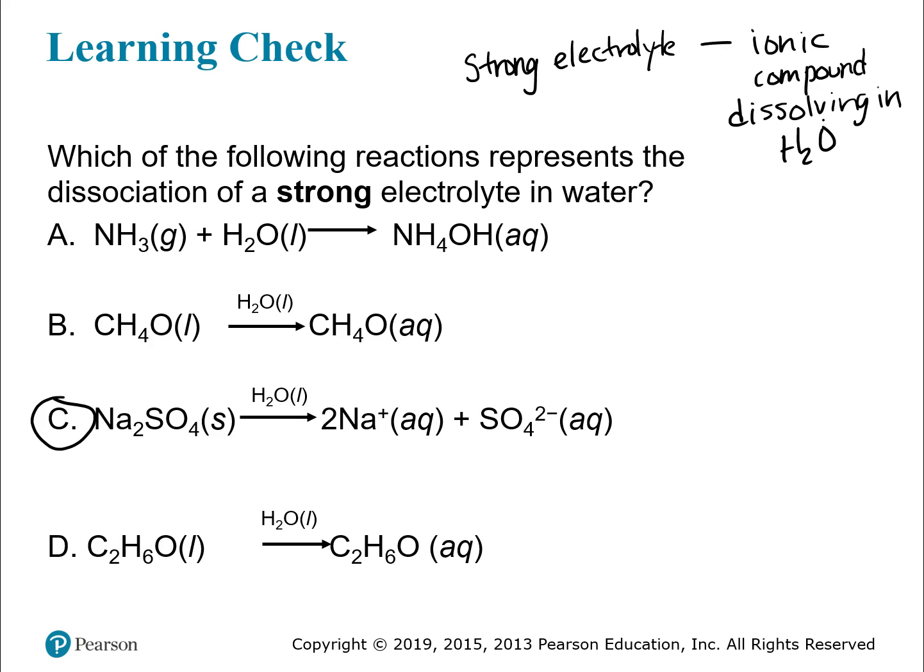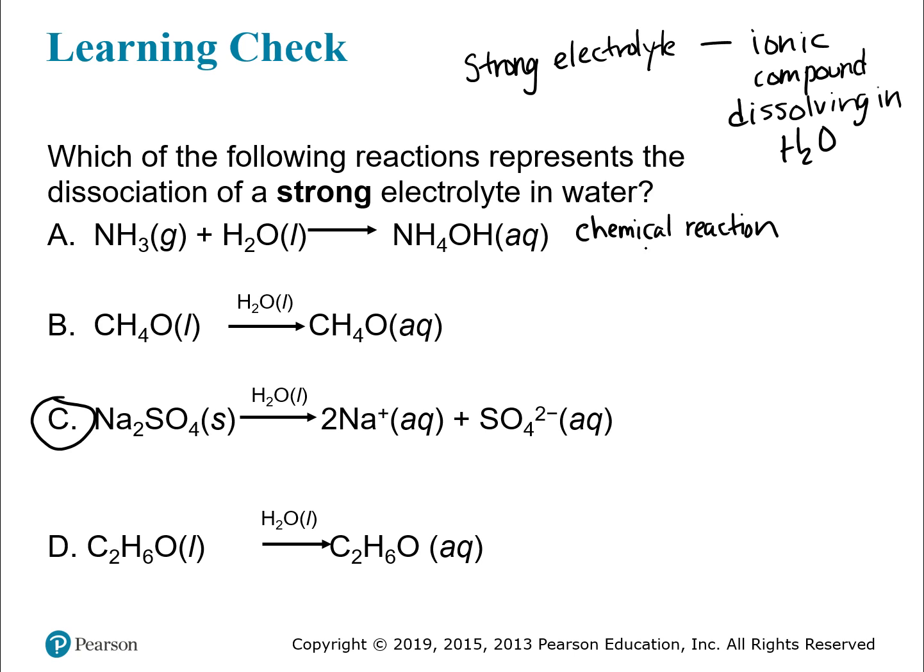In A, what we're actually seeing is a chemical reaction. This is taking ammonia gas, bubbling it through water, and you're forming ammonium hydroxide.